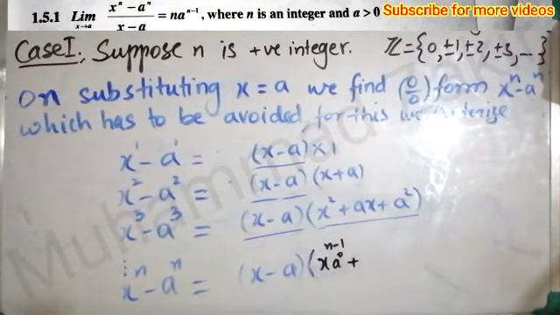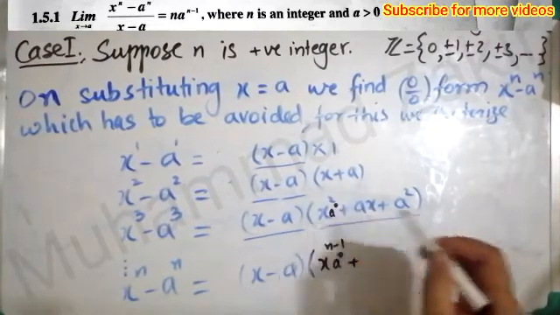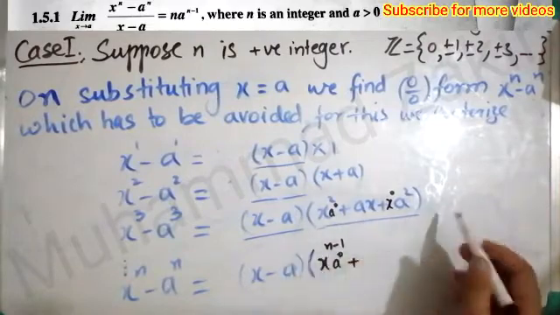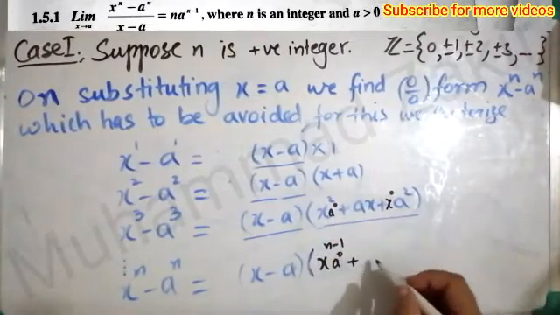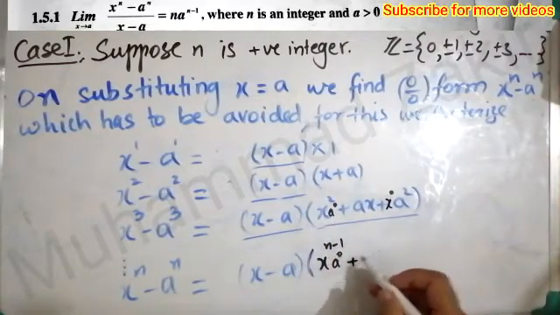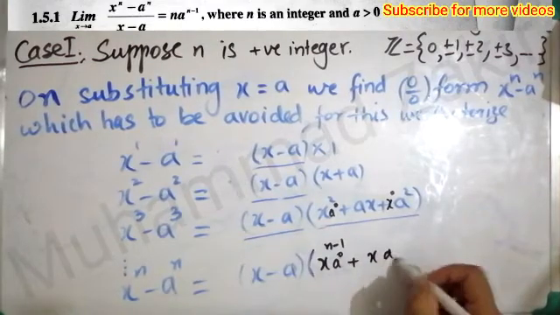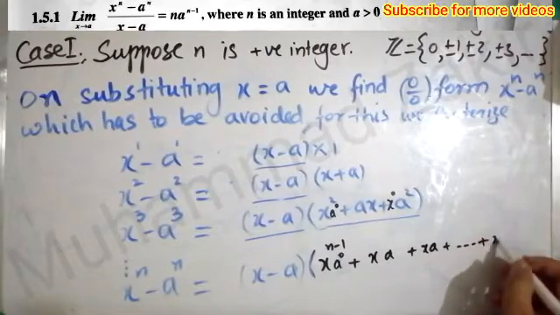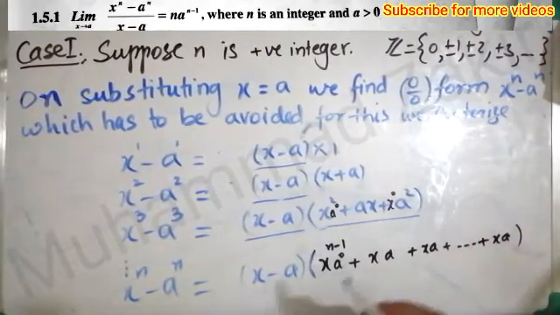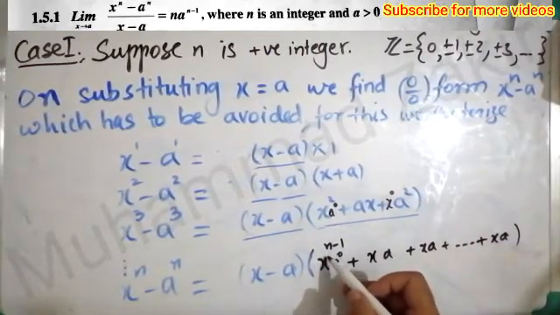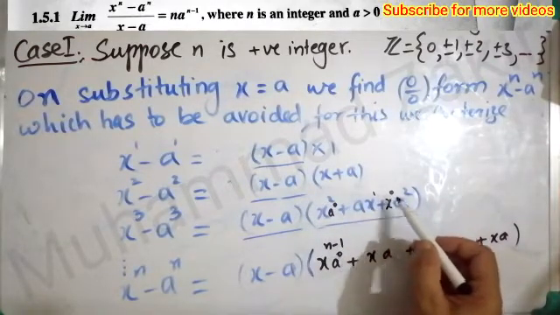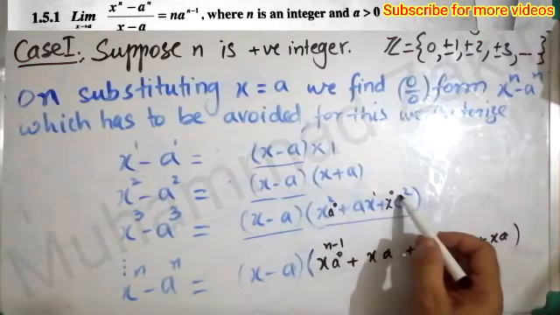Here a has 0 power, here x has 0 power. Every time we write ax, ax, ax, or xa, xa, xa, and so on. What happens here? Power of x decreases from 2, 1, 0.